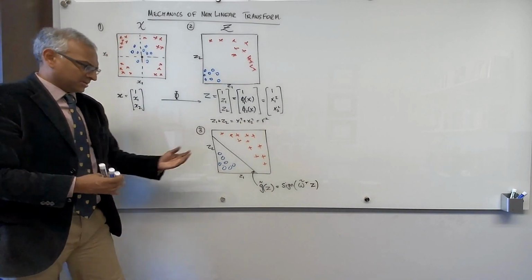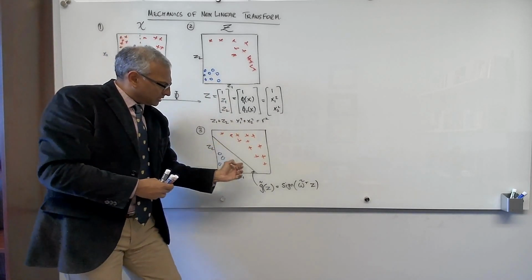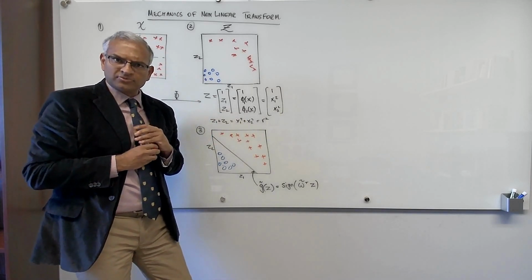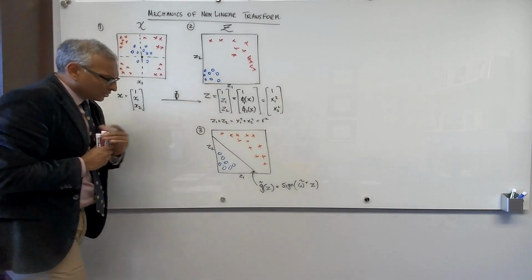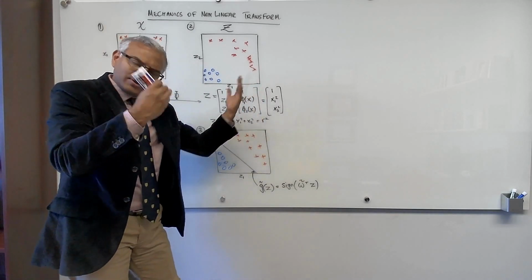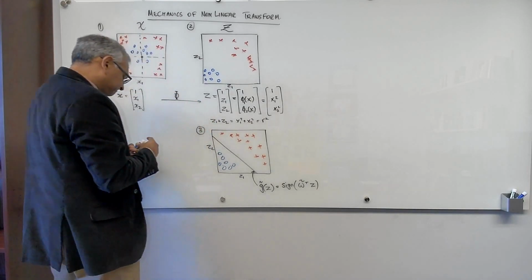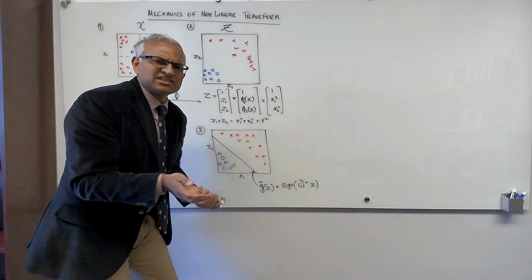Okay, because it's a linear model in my transformed space. So that's very important to understand. Okay. And in order to get this w tilde, all I have to do is run the linear model in my transformed space. Now, essentially I'm done.